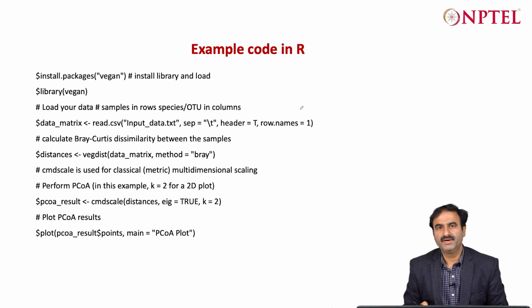Okay, and we have already done principal components when we did the R series of lectures, and also in the metagenomic part. So basically to run these codes, you will use the R statistical package.